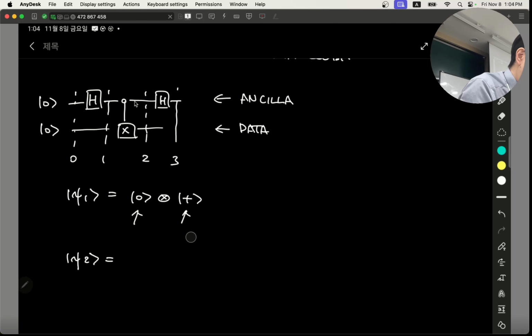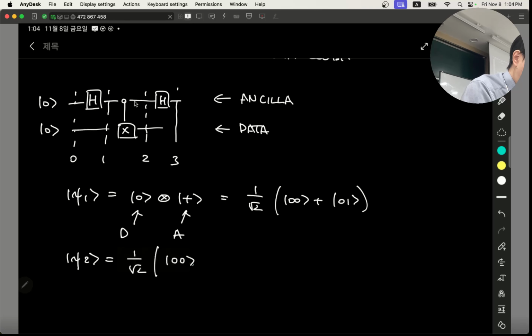Sorry, it's opposite, right? So this is theta and this is ancilla. Depending on the state of the ancilla qubit, you change the quantum state here. So it's 1 over square root 2 of 0,0 plus 0,1. After applying the CNOT gate, it becomes 0,0 plus 1,1.